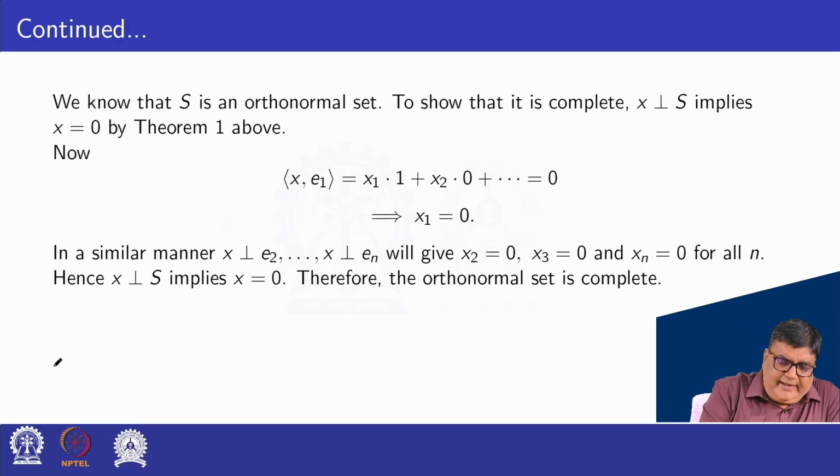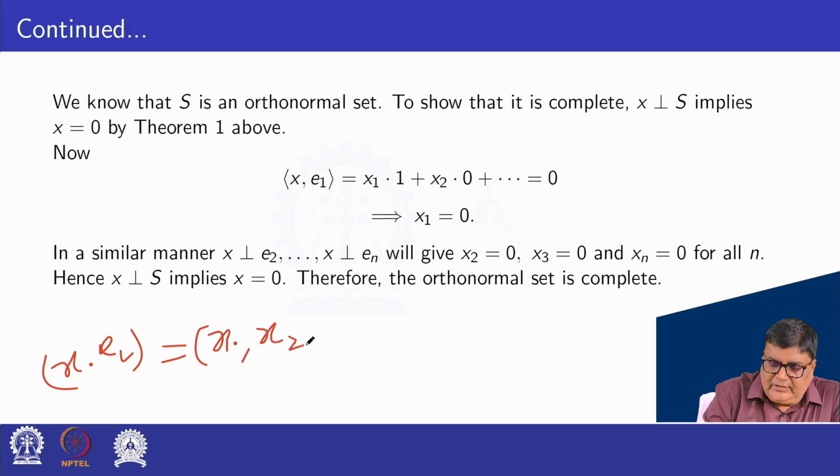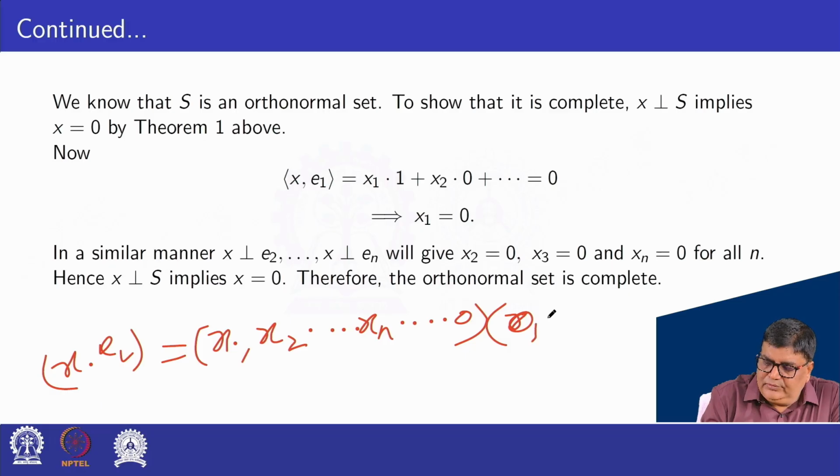So, inner product of x and e2, where x is x1, x2 and so on, xn and e2 is 0, 1, 0 and so on.